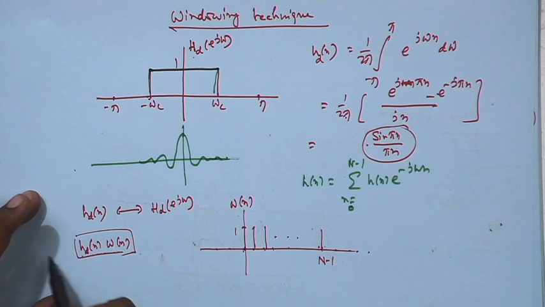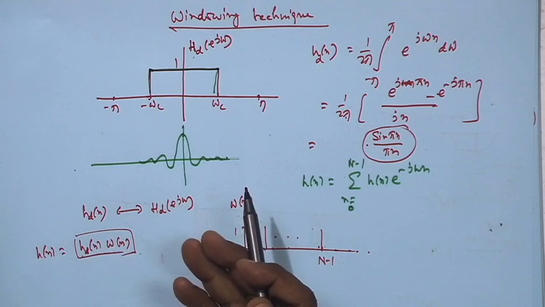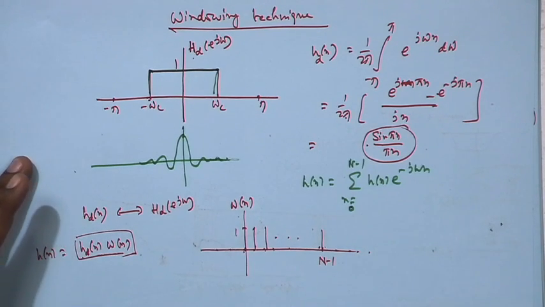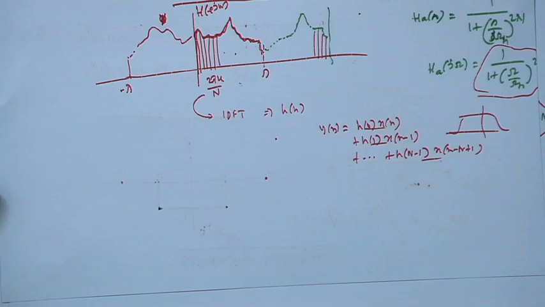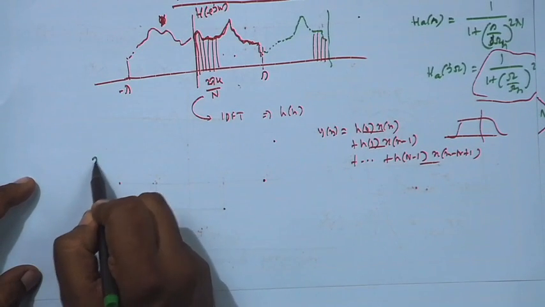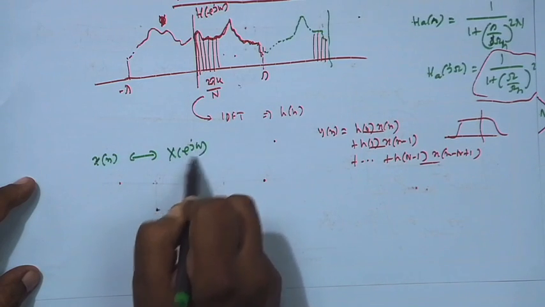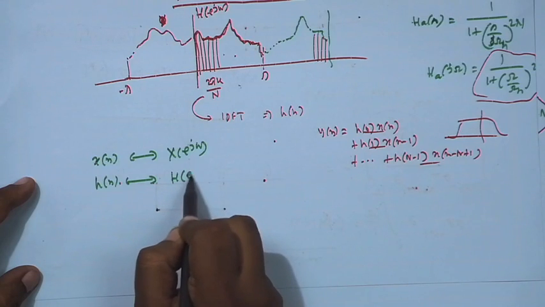So, obviously, if I call it the new h n, the response of h n will not be the same as what the response of h d n was, because there is an approximation. But then what will be the response of h n? Let us see this. Now, maybe I have done it in the very beginning, or I have not done, I am not sure. So, it will be better to look into one basic result, that suppose x n is a sequence, it has got a DTFT this, h n is a sequence, it has got a DTFT this.